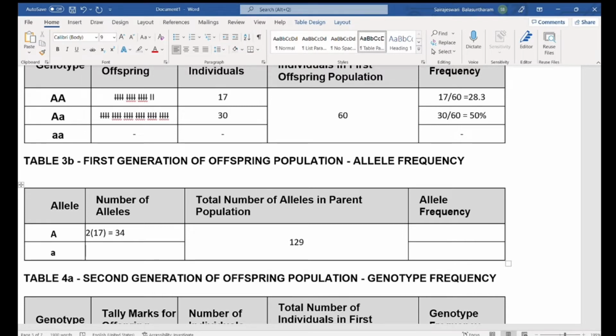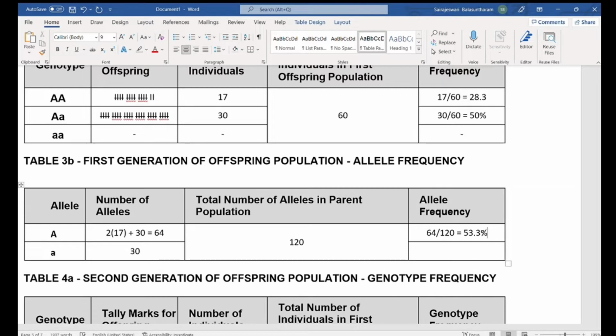And now for the recessive allele, it will be 30. So next we're going to calculate the allele frequency, and that is the number of alleles over the total number of alleles in parent population. The total number of alleles in parent population will be the gene number in parent population times 2, and that will be 120.